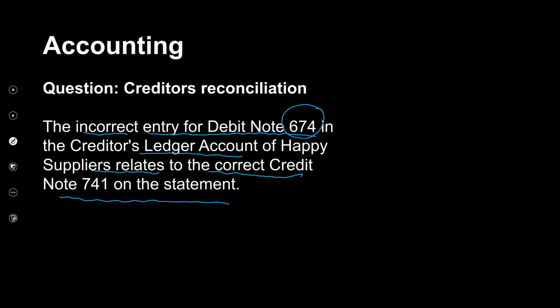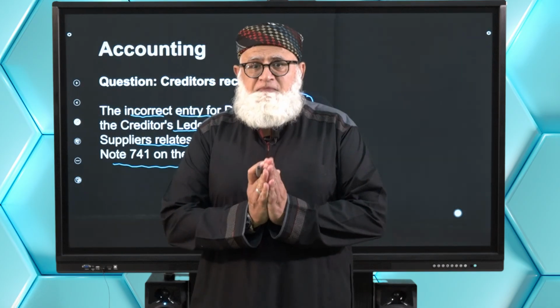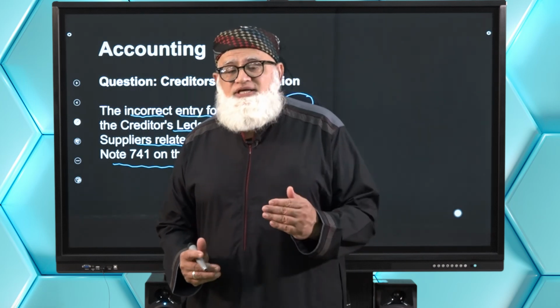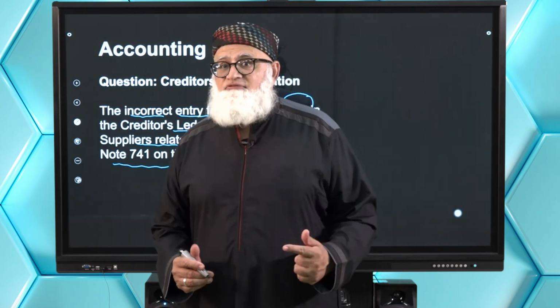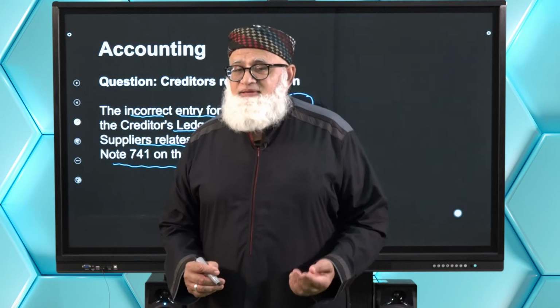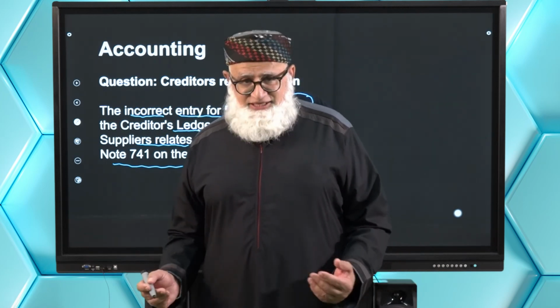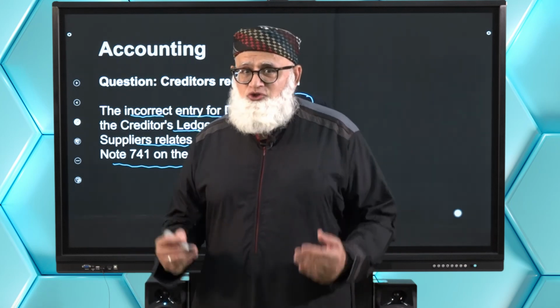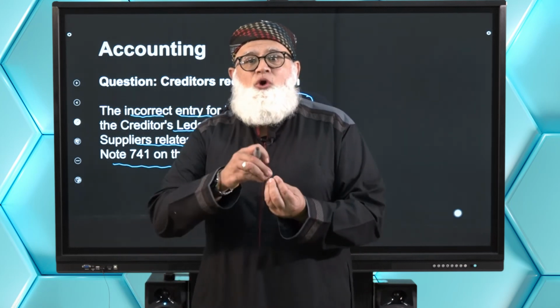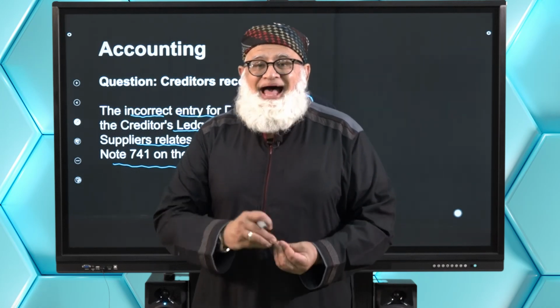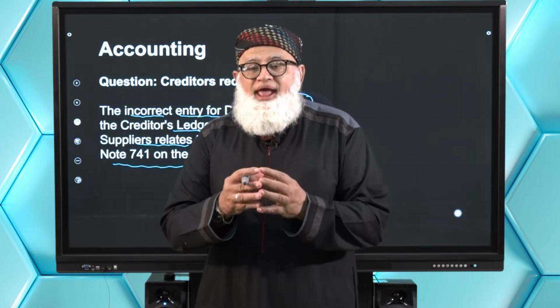The first thing that you must do, and I've told you this on numerous occasions, in accounting, you need to talk to yourself. Yes, sometimes you need good advice. And who better to give you advice than yourself? So, talk to yourself and ask yourself, where is the error? Step number one, identify where is the error.